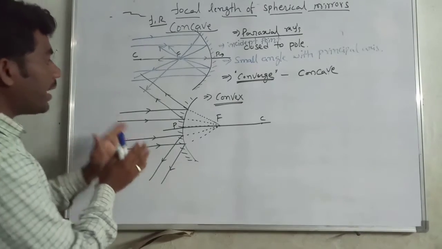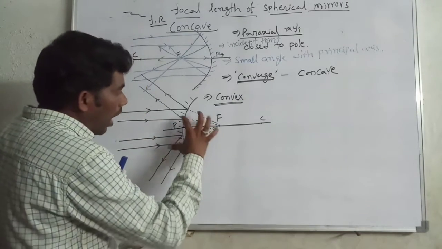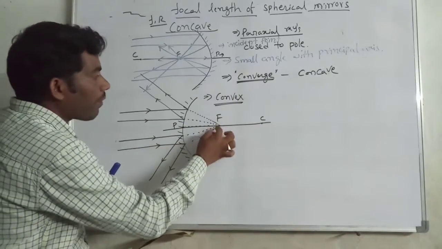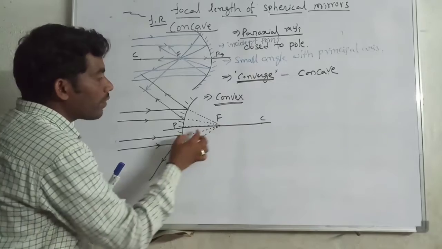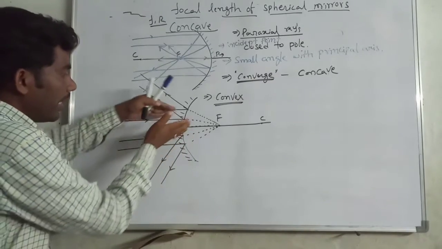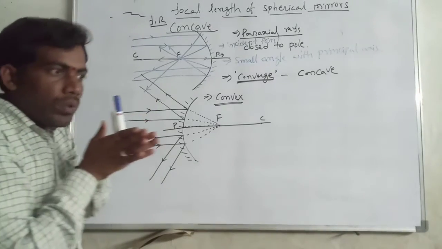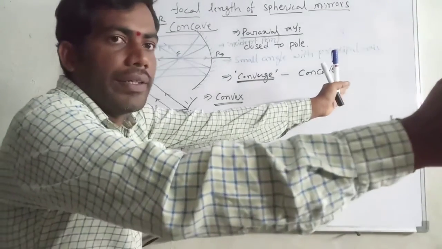Okay, in this case see, all rays diverge from the F. Diverge means the rays go apart, like being divided.